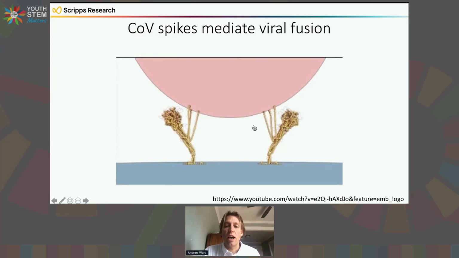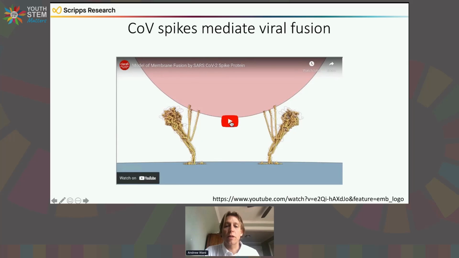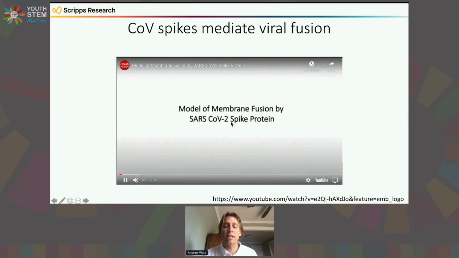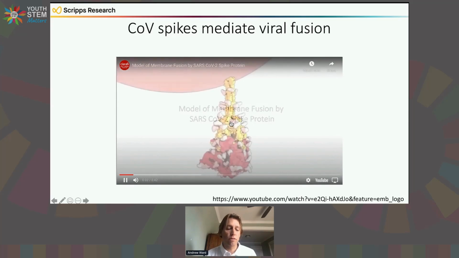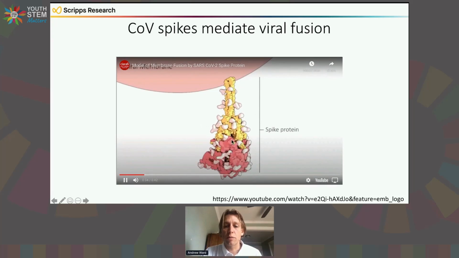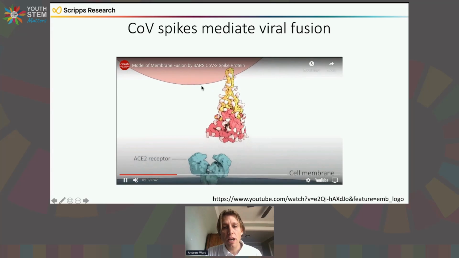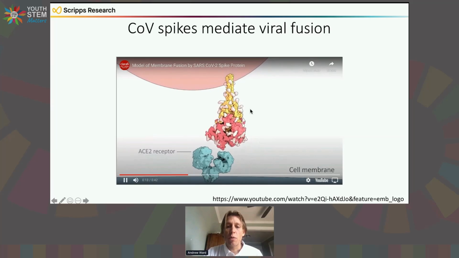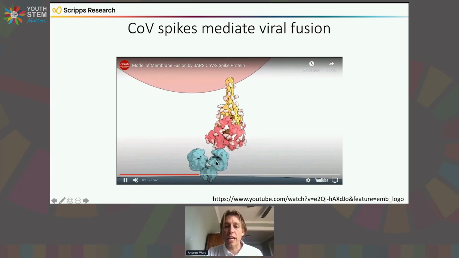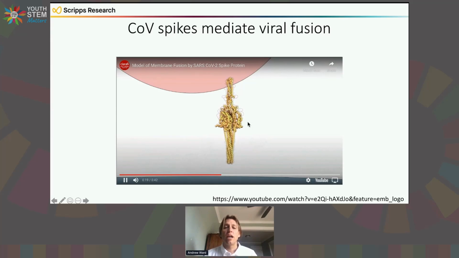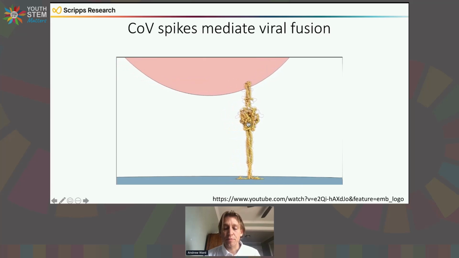This is actually the spike protein, and really the gymnastics that it undergoes in order to fuse. Here's the spike protein. This is known as the pre-fusion conformation. There's the S1 domain and the S2 domain. The virus is floating around. When it finds a cell that expresses the ACE2 receptor, it binds, and then you can appreciate these large-scale conformational changes that happen.